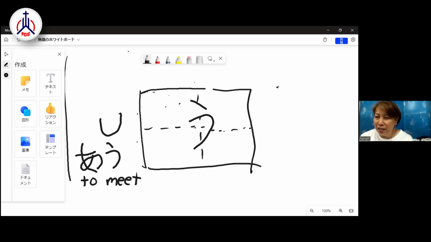You remember the word aimashou? Yes, this is from the word au, meaning to meet. Let's meet again. Aimashou. The root word is au. So you already know two words you can read and write: ai and au. Wow, that's good.